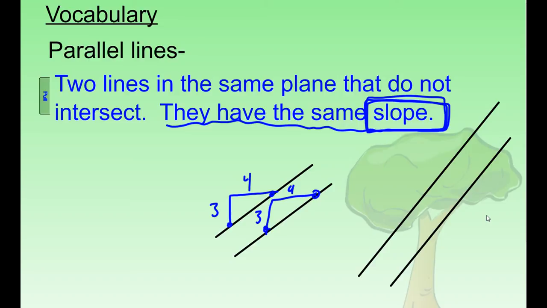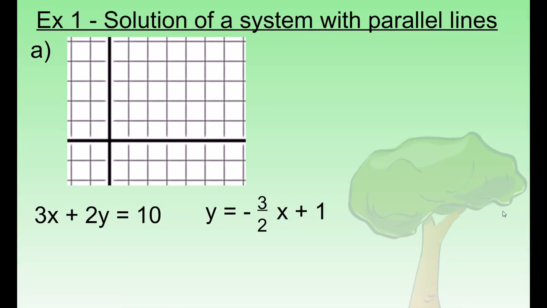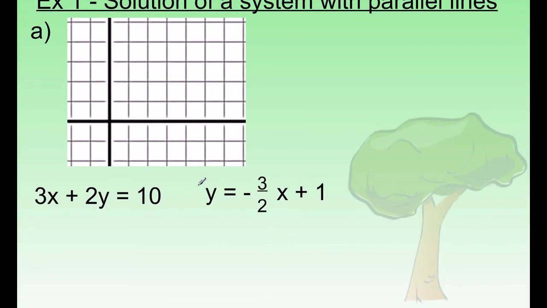Okay? So let's get started. The first problem says, example 1, solution of a system with parallel lines. That leads me to believe that these two lines are going to be parallel. I don't know, but we can figure it out. We already know this first equation is in slope-intercept form.